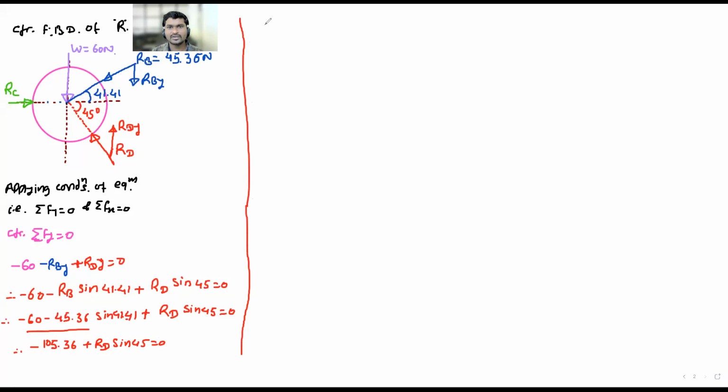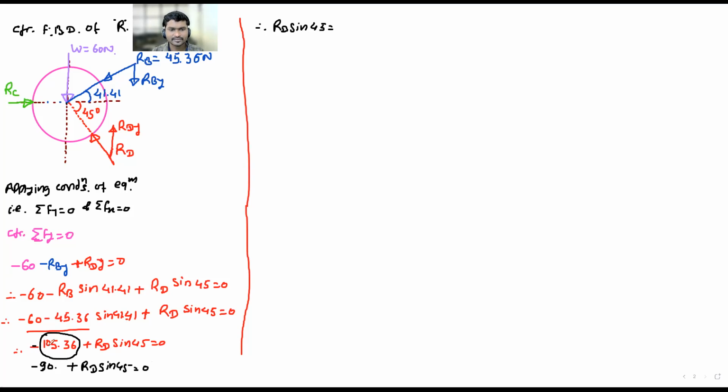RD sine of 45 is equals, now here it is negative, it will become... 90.003 came. I had asked you, children, it is related, no problem. It is minus 90.003, so should I write 90? Yes, sir. Okay, so minus 90 plus RD sine 45 is equals to 0.